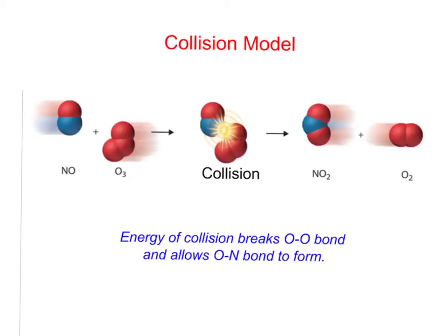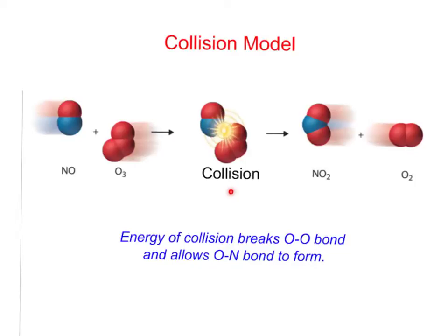The collision model is just that. If we have this reaction, nitrogen monoxide and ozone creating nitrogen dioxide and oxygen, how is that happening? The collision model states that basically the two molecules collide, they bump into each other.